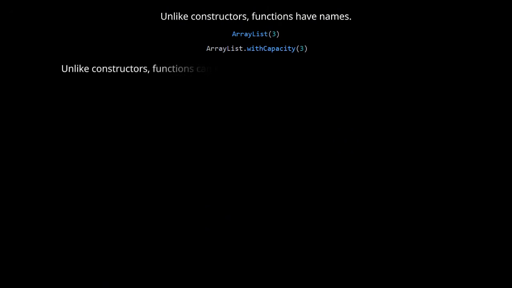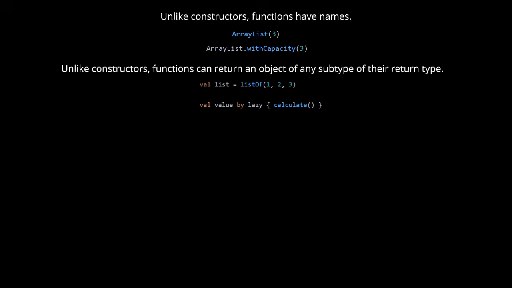Unlike constructors, functions can return an object of any subtype of their return type. This is especially important when we want to hide actual object implementations behind an interface. Think of listOf from Kotlin's standard library. Its declared return type is List, which is an interface. But what does this really return? The answer depends on the platform we use.